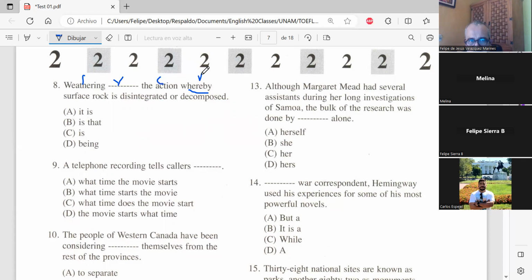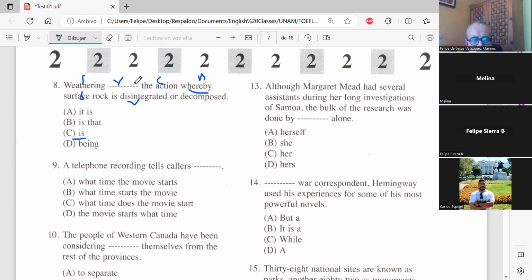We have marker, we have subject, we have verb, and we have a complement. We don't have a complement here, but it's optional. So what do I need to complete the verb? So this is science. So weathering is the action whereby surface rock is disintegrated or decomposed.